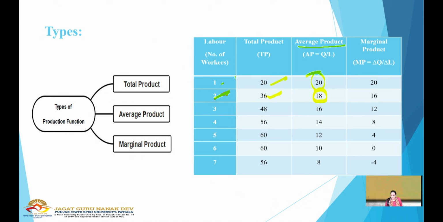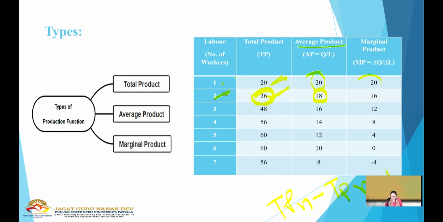And next is marginal product. When we see this 36, how do we get the 36? Additional 20, additional 16. That's why this is 36. So marginal product is total product of N minus total product of N minus 1. The first time there is no TP of N minus 1, so it will be 20.